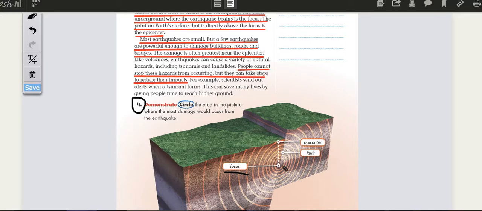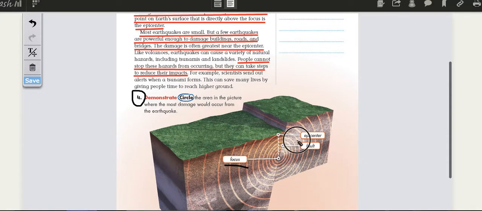The focus is deep inside the Earth's crust, while the epicenter is at the same location, but on the top of the Earth's crust.